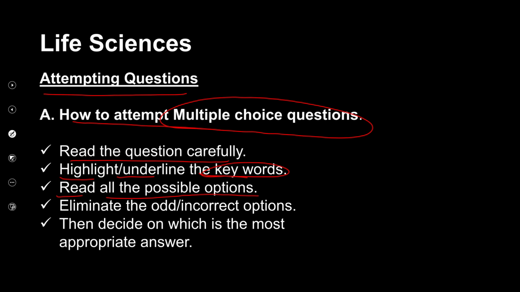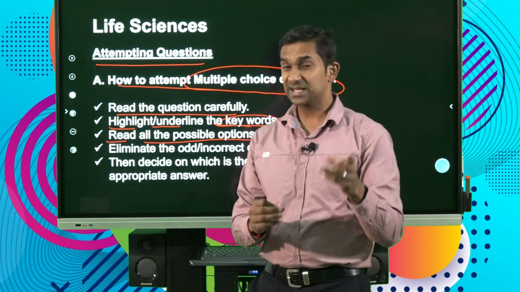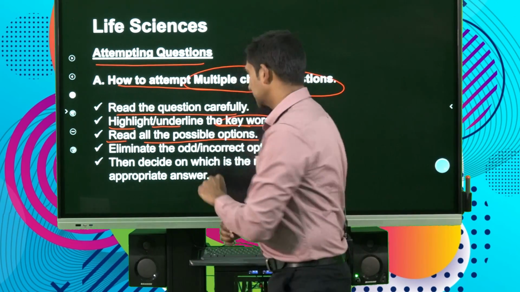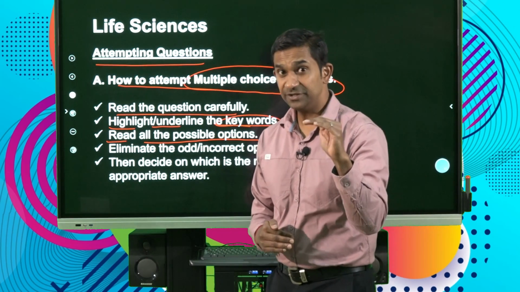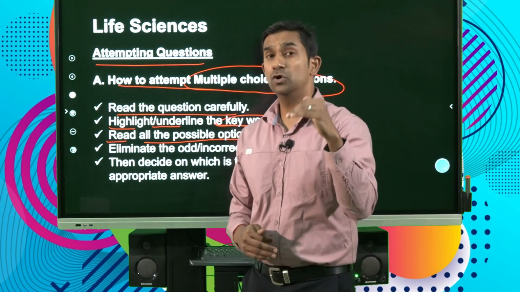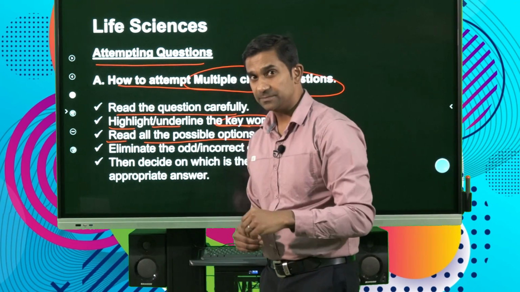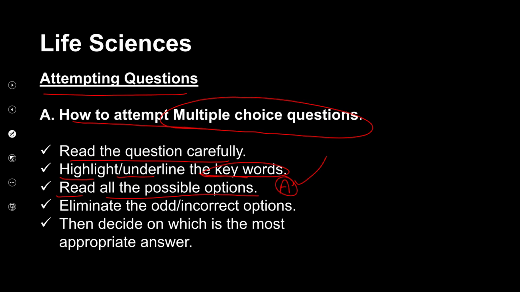So guys, we often get to a multiple choice question where we read the first answer and the first answer seems to be the most correct answer. And we very quickly say, well, I think it's A. I got that right. Be careful, because often in a multiple choice question, there are options that are much closer or much more correct, that are more inclusive of a process. And I think it's important that you read all the options before you decide.